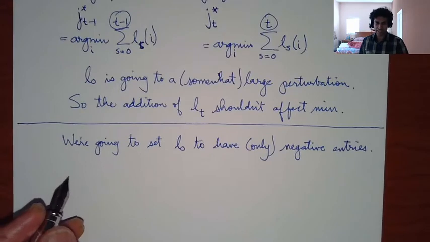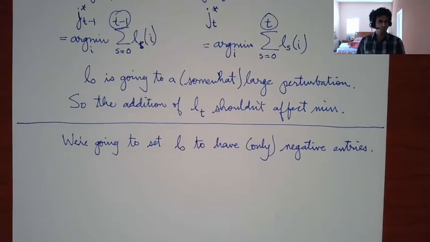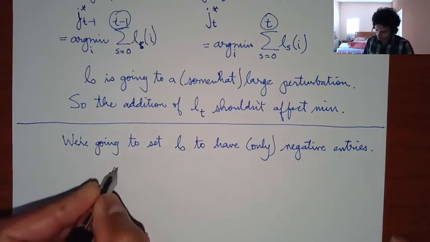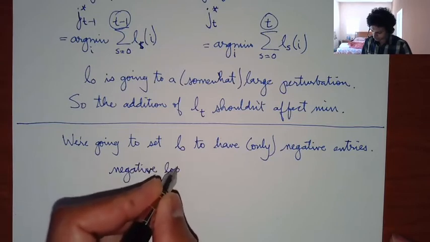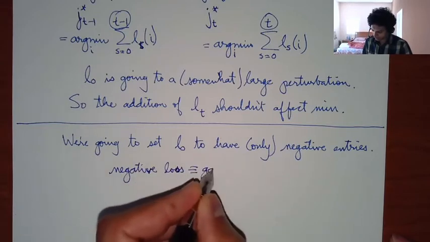So it's almost like initially we're going to give each expert, so negative entries, so this is like negative loss, which is really equivalent to a gain.